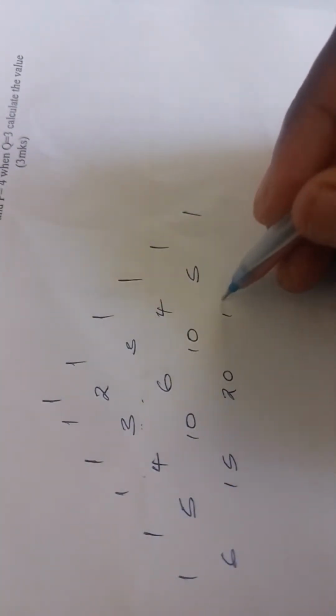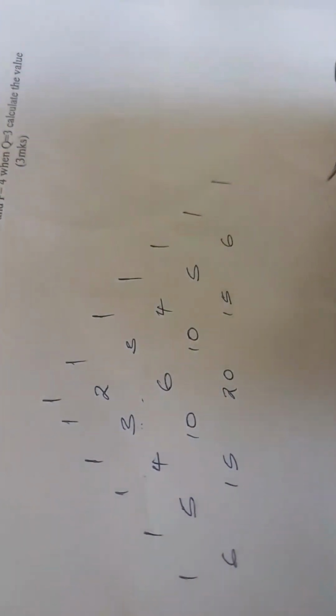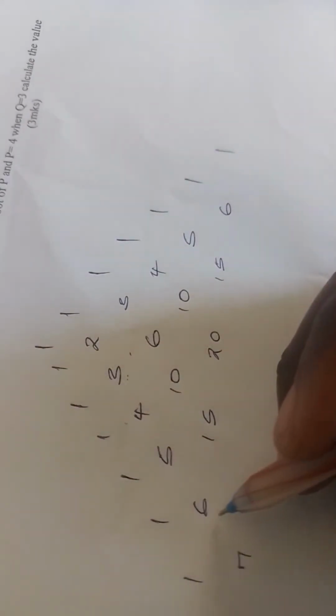Since I don't have a mathematical table, it would be 1, 1, 1, 1, 2, 1, 1, 3, 3, 1, 1, 4, 6, 4, 1, 1, 5, 10, 10, 5, 1. This one will be 1, 6, 15, 20, 15, 6, 1. So for this one will be 1. This one is 7.